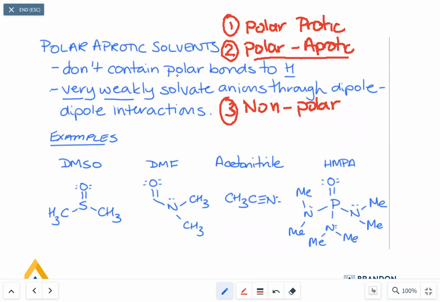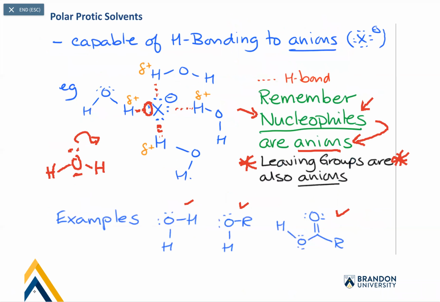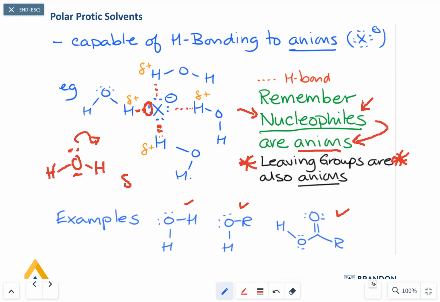They don't contain polar bonds to hydrogen, so they weakly solvate anions. Back on the previous slide, this anion is being solvated. Water is the solvent, and the anion is interacting with the water molecules to help dissolve it. Because it's got a polar bond to H, this is strong hydrogen bonding. Remember, hydrogen bonding is one of the strongest interactions there are.